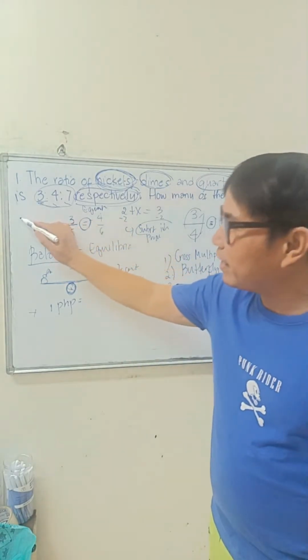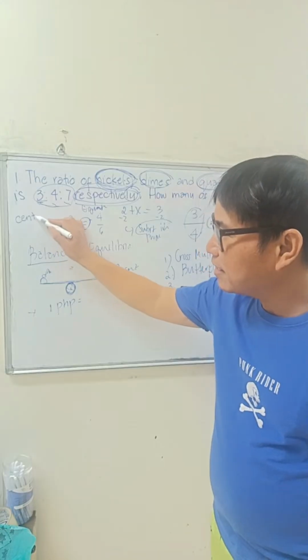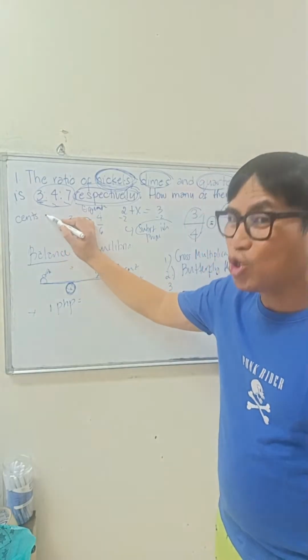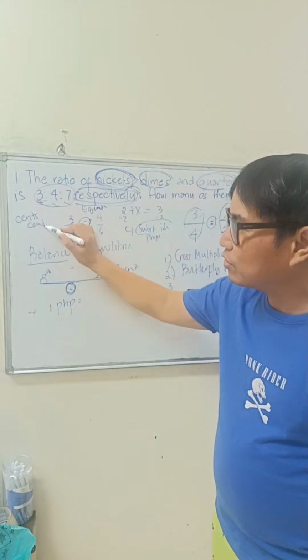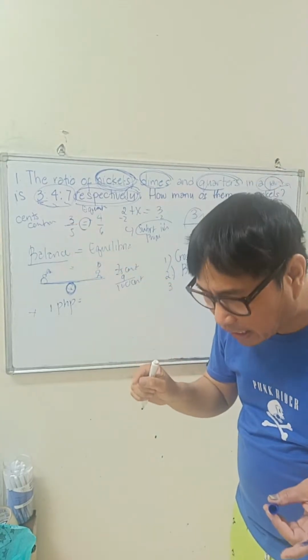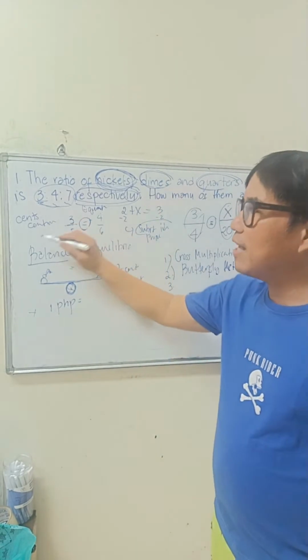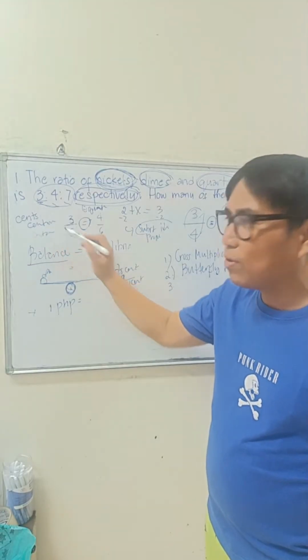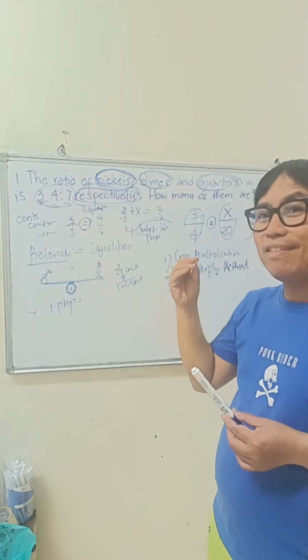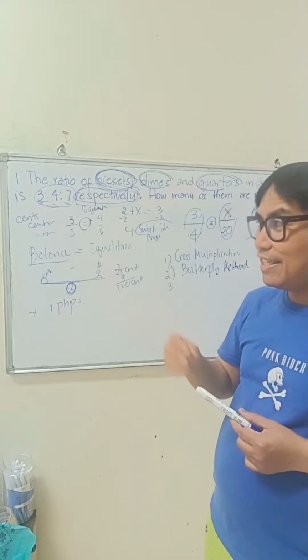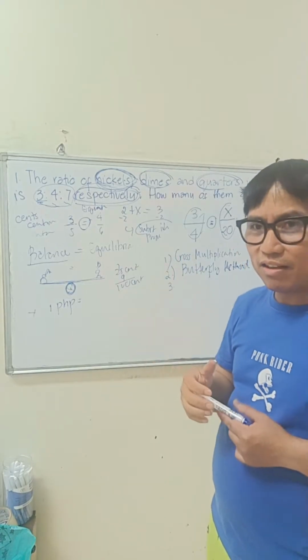Okay? This is to make it clear. Cents is the abbreviation of centavos. Cent without S is the abbreviation of centavo. This is not centimeter, and this is also not century. You get the point?